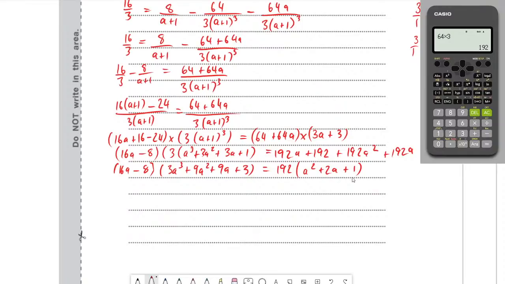It's just this left-hand side is so disgusting. This can't be right. Far out. 16, 32, 48.